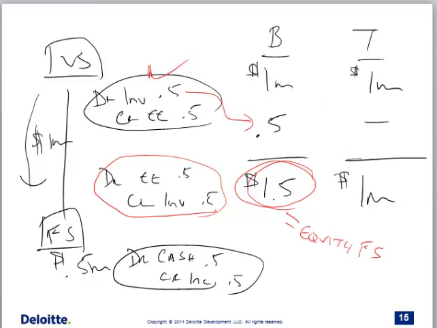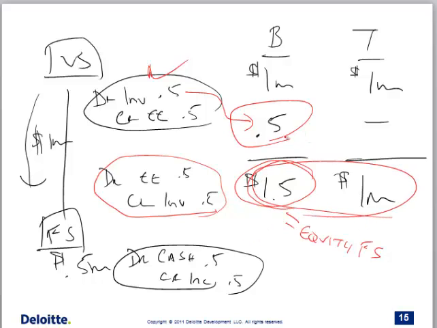So that is how, when you think of unremitted earnings, if I say, well, what's this company's unremitted earnings? You would say this. And if I said, well, what's the basis difference? Well, you would say the difference here, which is also this. It's the same thing. That's in a very simple example. They're not always the same. Okay? But the point is that when I say basis difference, mechanically we could be talking about the same thing. Okay?